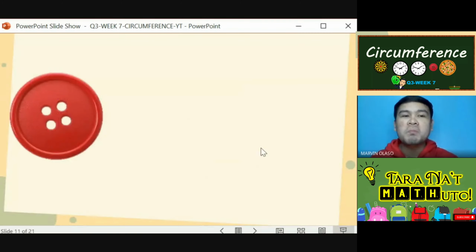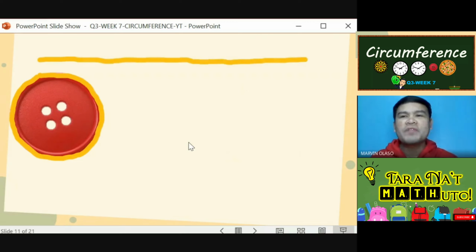Suppose this button. First, what are you going to do to get the circumference of this button? Get a string or yarn, either of the two. Then put it around the button. To get the exact length of the circumference, use a ruler to measure it.